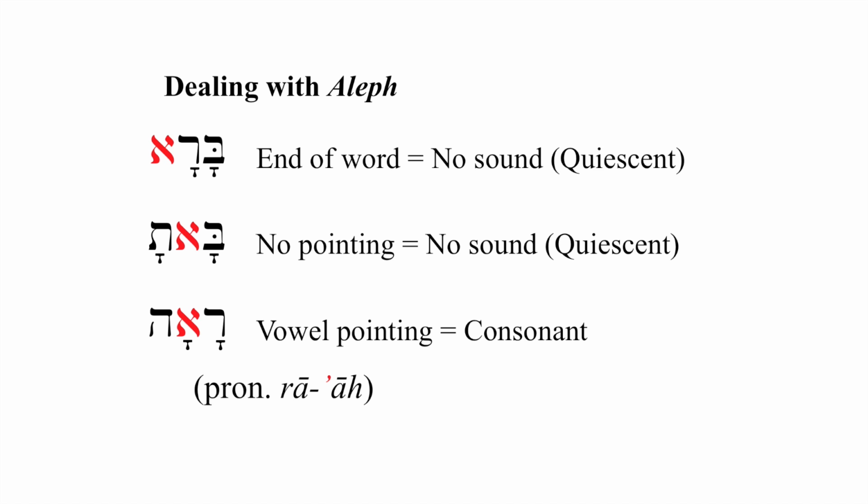So, the first syllable is going to be pronounced ra, the second syllable ah, and the aleph stands between ra, ah, so that I hear two different vowels. I do not want to say ra as if there is no consonant in the center of that word.